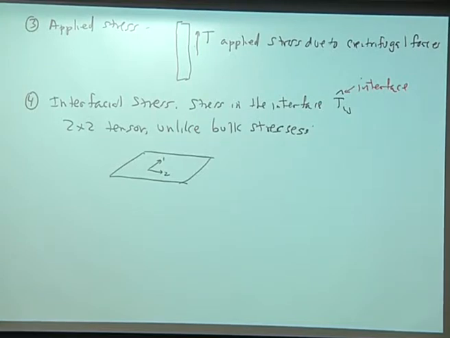And I want to talk a little bit about what these stresses mean and how they differ from things that you might have seen before. Has anyone seen this relationship in any of your undergraduate stuff?